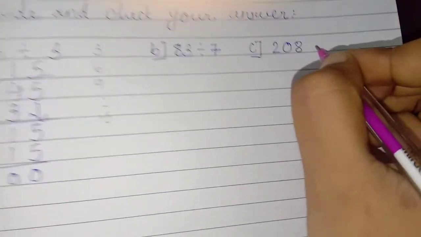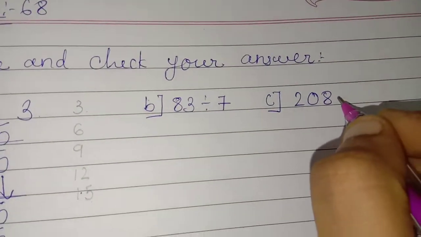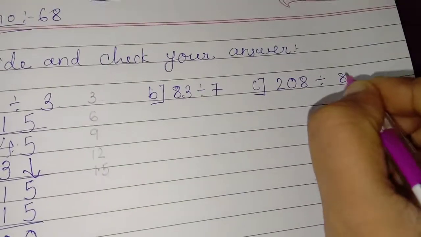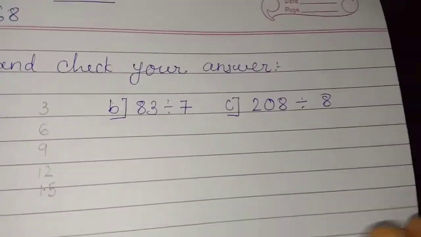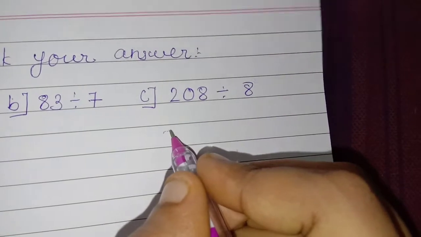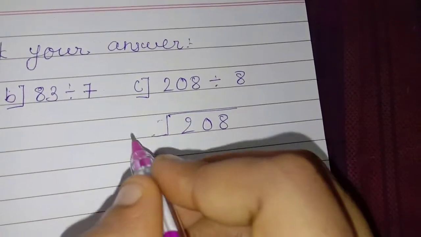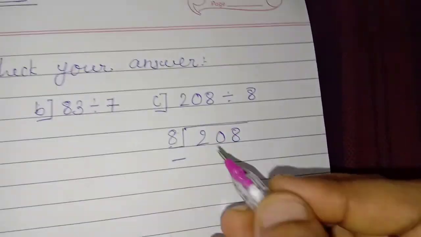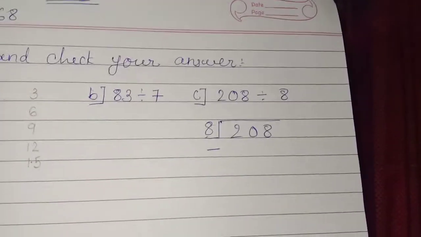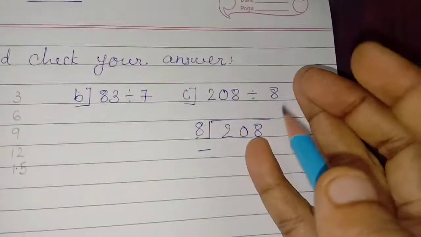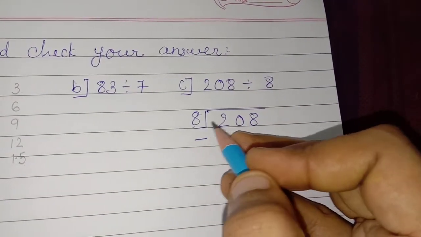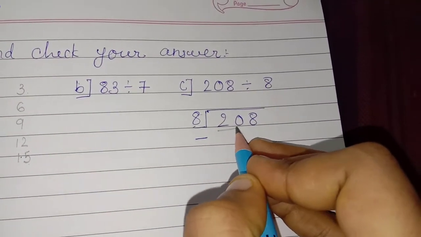208 divided by 8. Now what I told you, that whenever this number is greatest and this number is smallest, you have to take the two numbers.